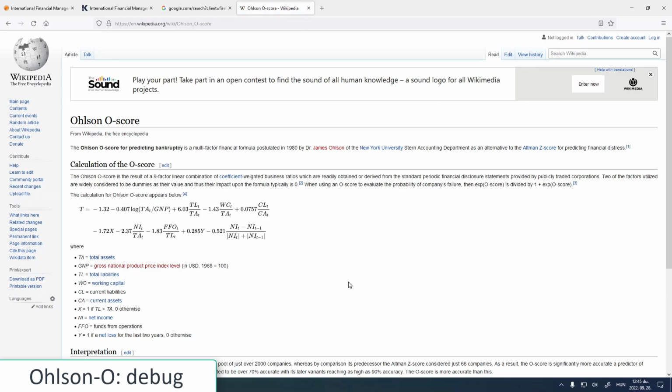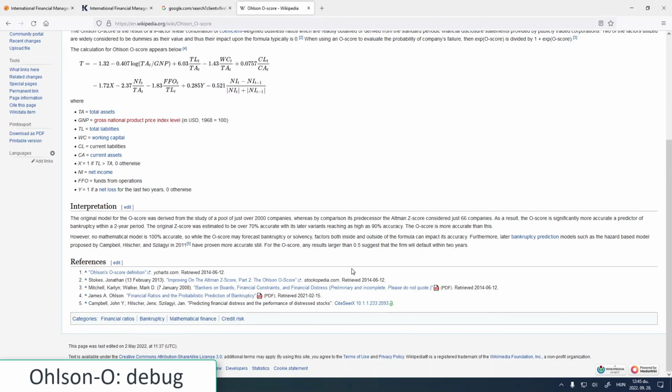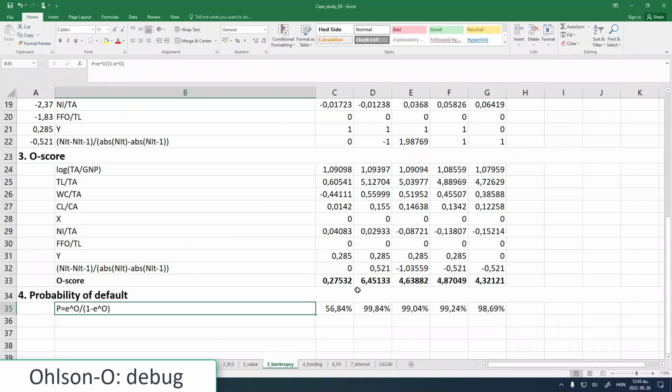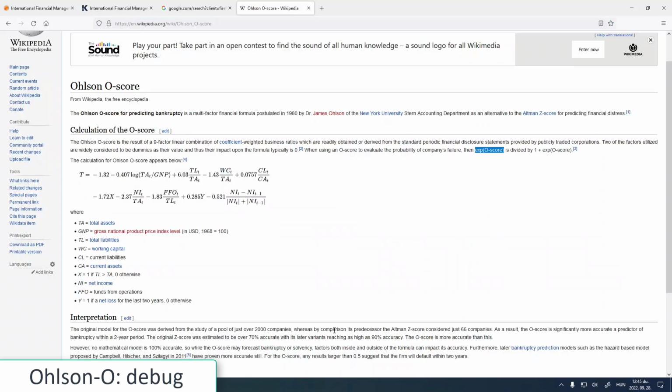So let's check the internet, because the internet is always wiser. The O score is divided by 1 plus exp. We did this, so it's not related to this problem.